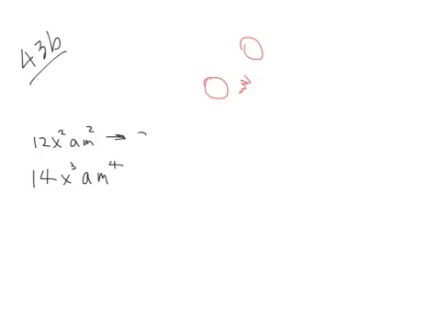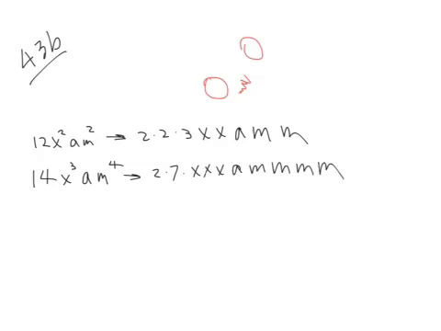So 12 reduces to 2 times 2 times 3. And then we've got x times x, a, m, m. And this bottom one, we have 2 times 7 times x, x, x, a, m, m, m, m.